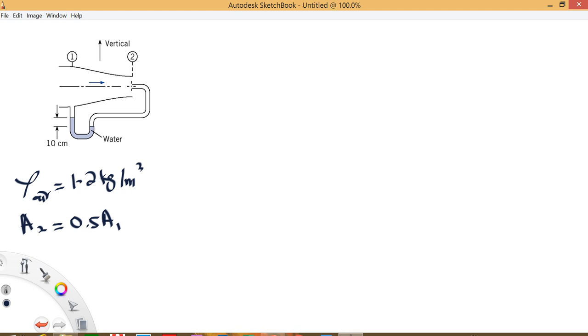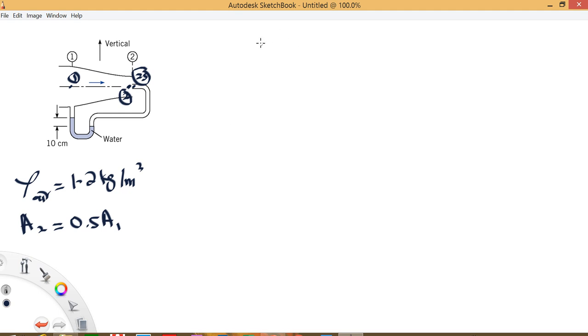This point should be point 1. This point that we want to measure is point 2, and at the entrance is point 2s. I'll put it at the top, point 2s.